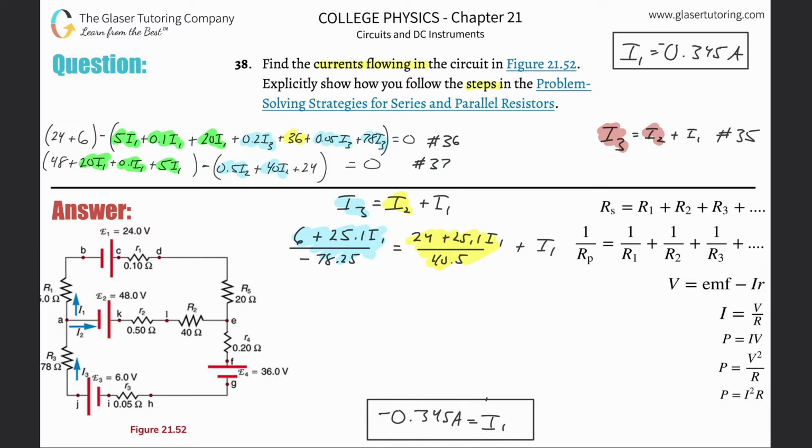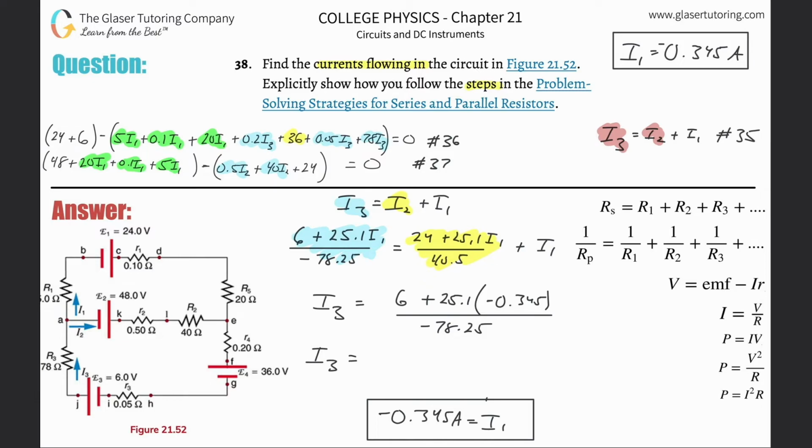So if I want to solve for I3, that would be equal to 6 plus 25.1 times my I1 value, negative 0.345, all over negative 78.25. All right, so what's I3? Well, take out the handy-dandy calculator, right?